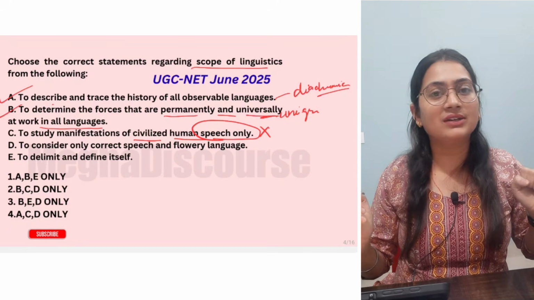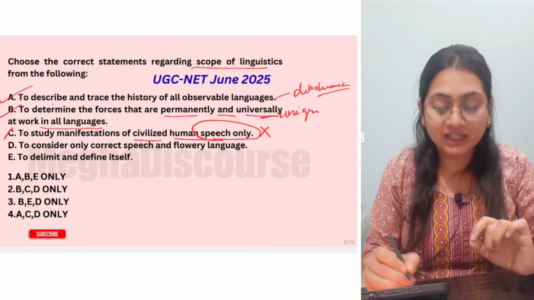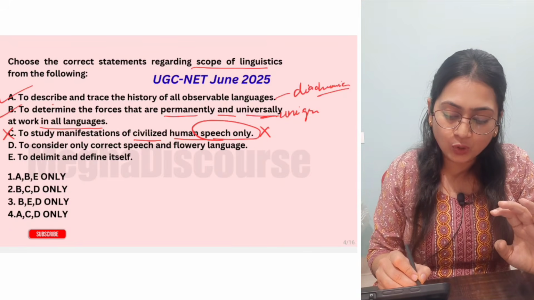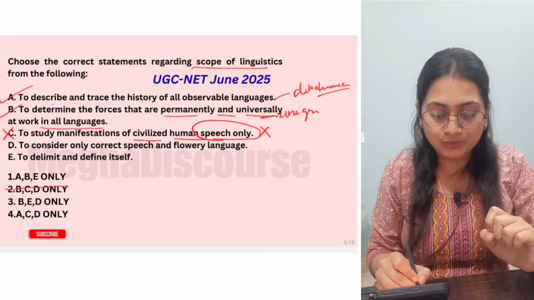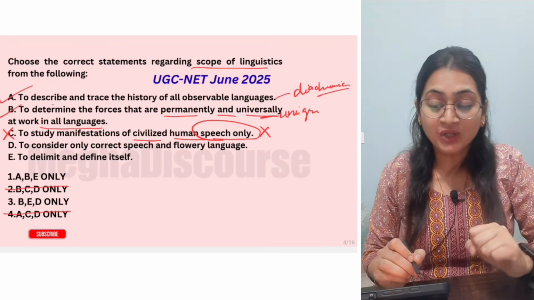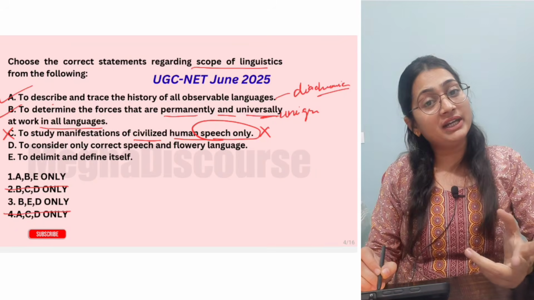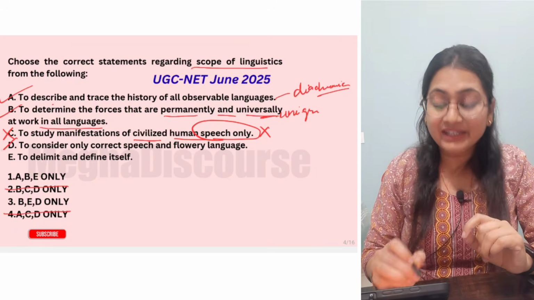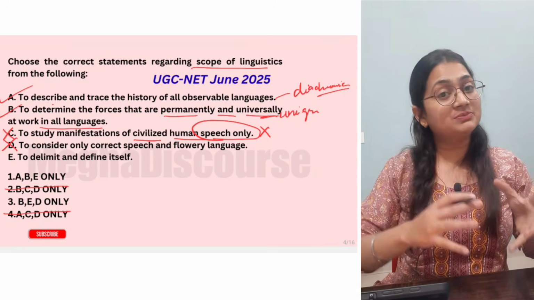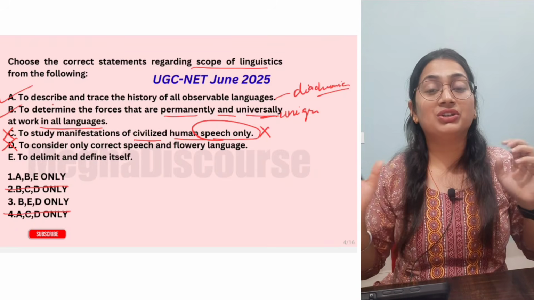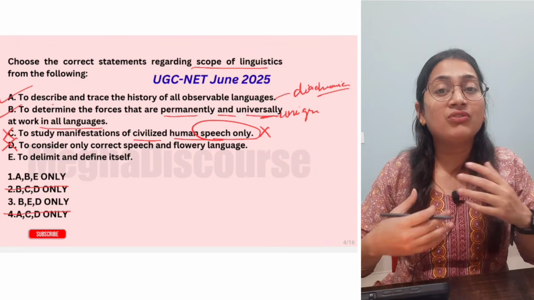We also study it in linguistics. So the C point is incorrect. If C point is incorrect, it means your option B is incorrect. Your option 4 is incorrect. Now, what about D? To consider only correct speech and flowery language. No. Linguistics never admires correct speech and flowery language. Linguistics means the pattern of language.